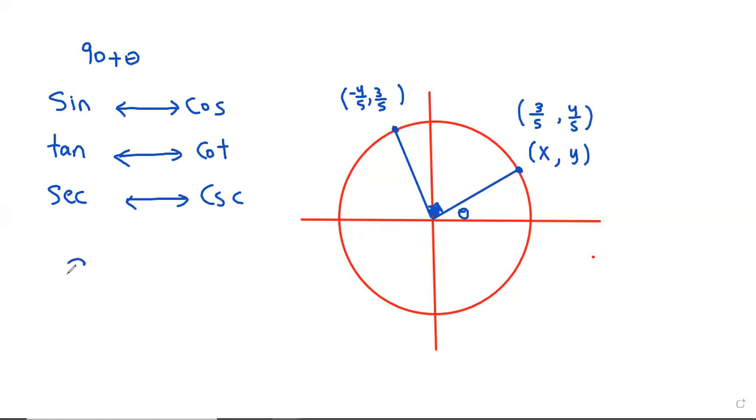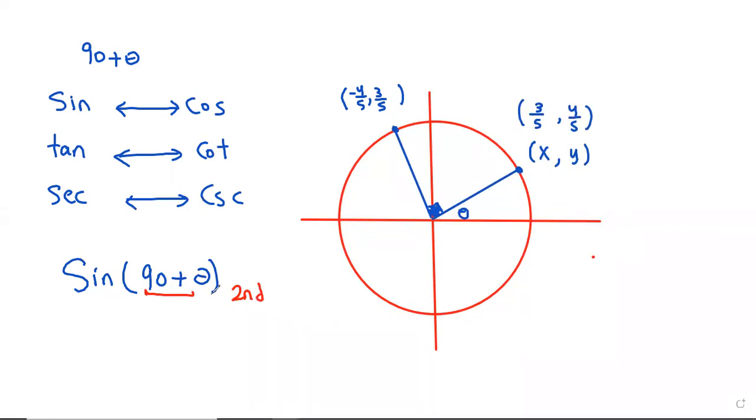So if I asked you about sine 90 plus theta, how can we deal with it? I'll tell you a simple way. Ask yourself, 90 plus theta lies in which quadrant? It's in the second quadrant.